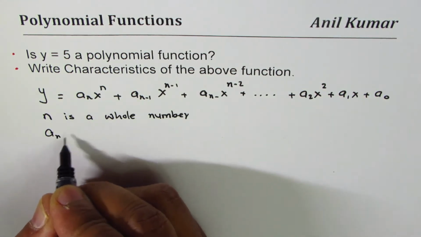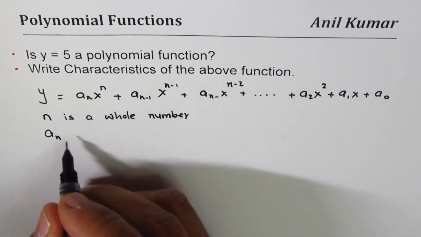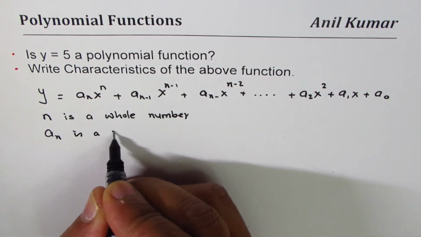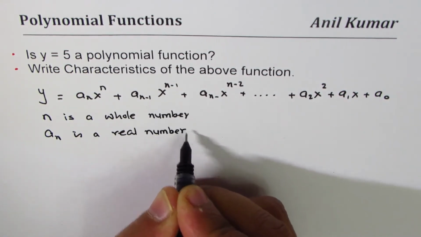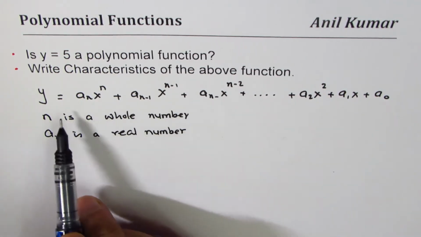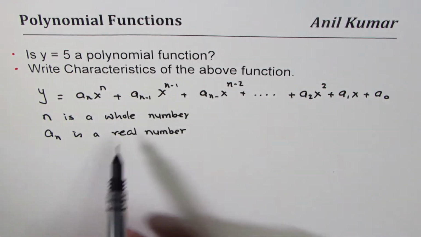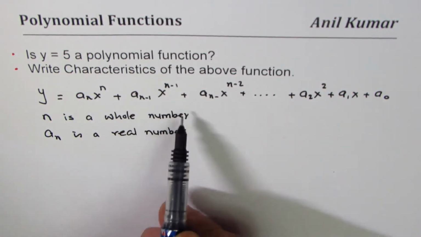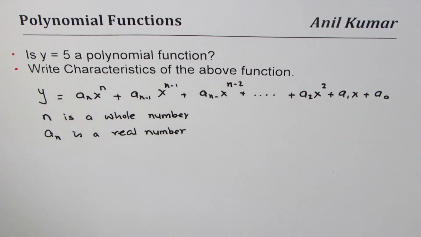So a_n, where n is from 0 to any number, is a real number. The basic definition of a polynomial function is like this: any polynomial function can be written in the form given to you. Based on this, can you answer the question, is y equals 5 a polynomial function?